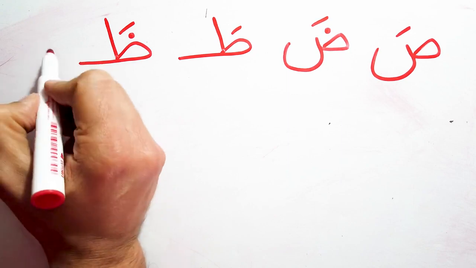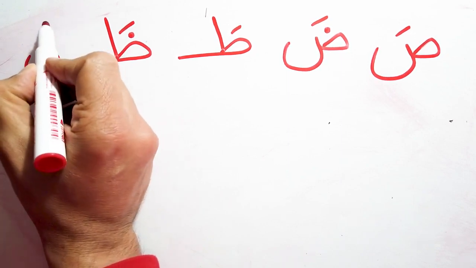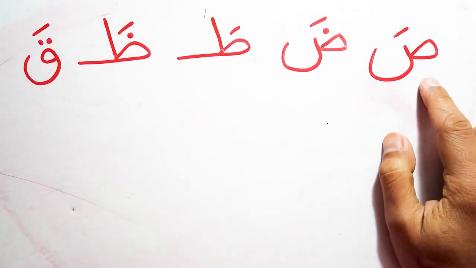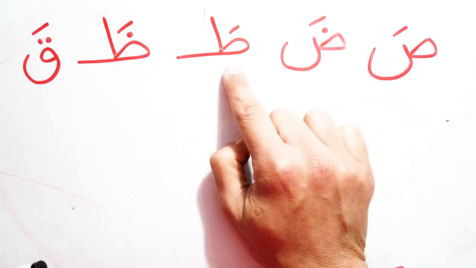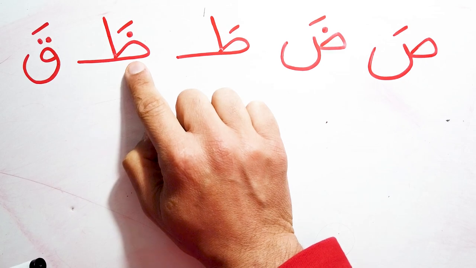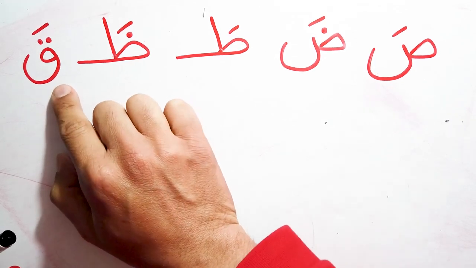And finally we have qa. So sa is a strong S, ba is a strong D, pa is a strong T, va is a strong TH in the word the, so it is va, and qa is a strong K.